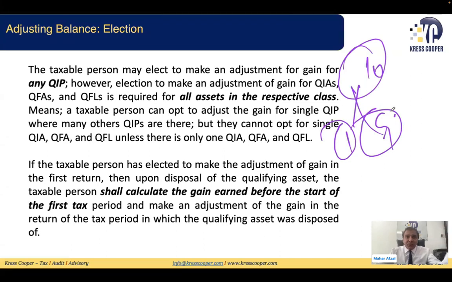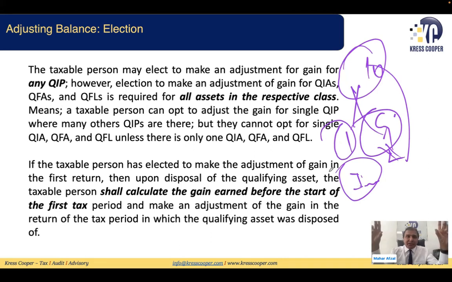In case of the other qualifying assets, qualifying intangible assets, qualifying financial assets, qualifying financial liabilities, for these 3, law says in case the person is applying, it should be applicable for all assets of the respective clause. Means if the person wants to opt out for corporate tax for the intangible assets, all the intangible assets that fulfill this condition, the person can opt it out. For the financial assets, all financial assets that fulfill the condition, all financial liabilities that fulfill the condition.